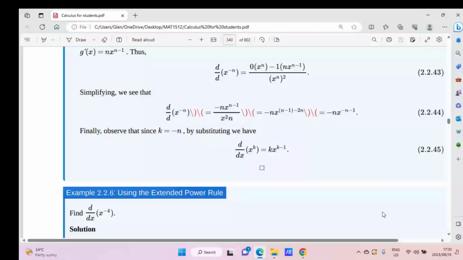Negative 4 over x to the power of 5, sir. Tando? Erika? I agree with them, sir. Sbusiso? I'm with the community of agreeing, sir.